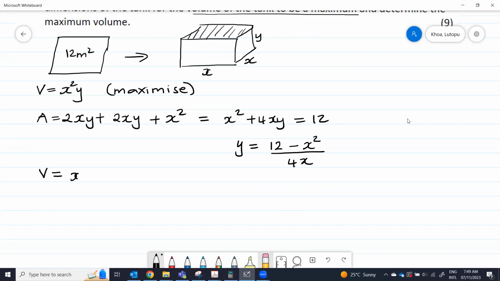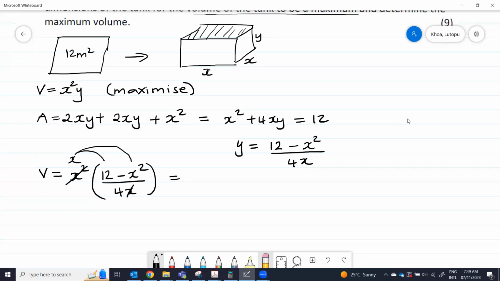So this is x squared multiplied by 12 minus x squared over 4x. So this x goes there once, cancels with that one. So the x will then multiply inside. We have 12x minus x cubed over 4.